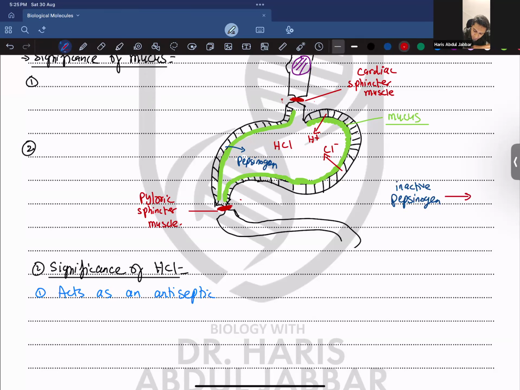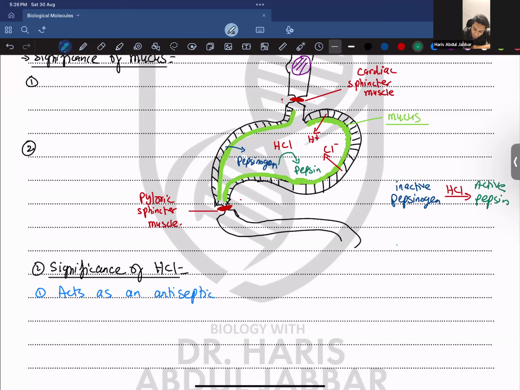It only activates itself when it comes in contact with HCl. Only when this pepsinogen comes in contact with HCl, it converts into an active enzyme called pepsin. So inactive pepsinogen converts into active pepsin, right?